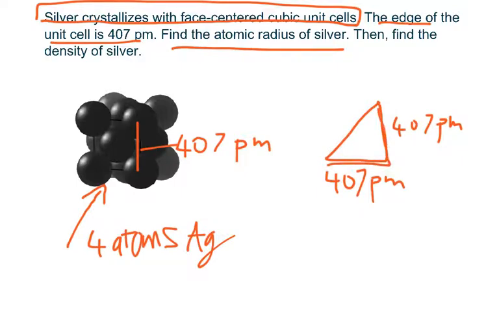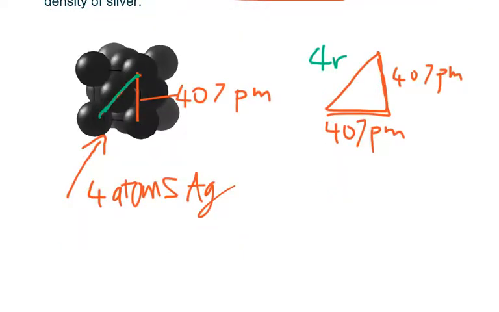And if you notice, this diagonal here contains 4 atomic radii, so 1, 2, 3, and 4. So you have 4 atomic radii on that hypotenuse. And notice that this looks like a right triangle because it's part of a cube.